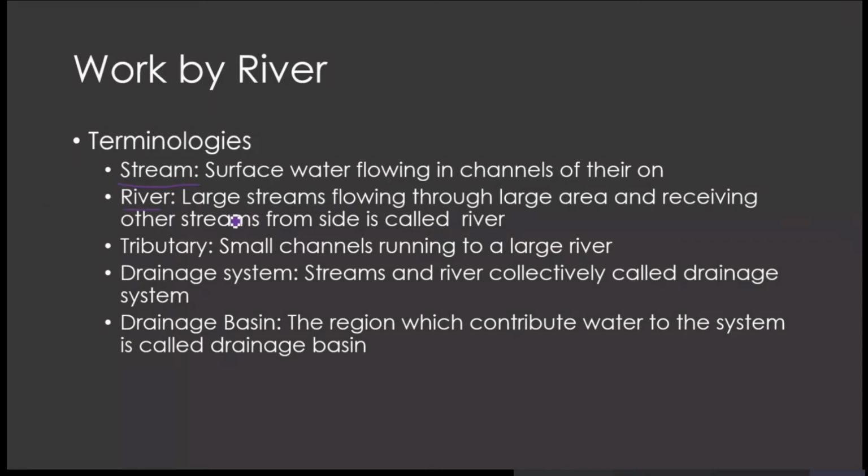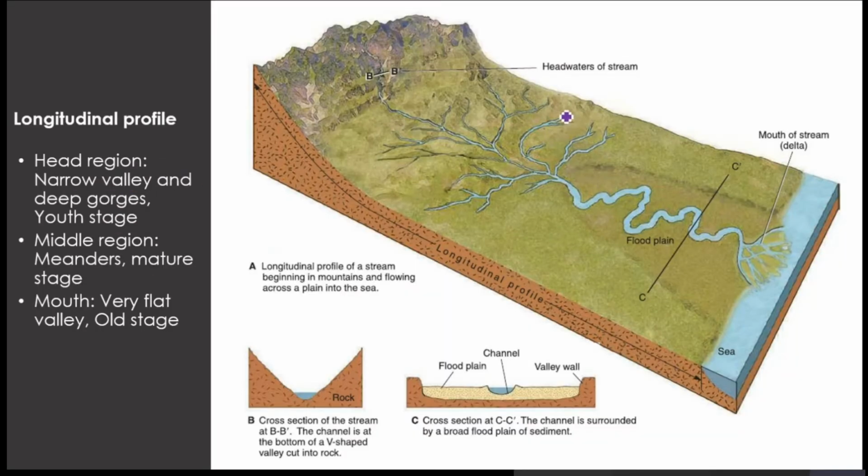It is a large stream flowing through a large area and receiving other streams from the sides. If you see here, this is a stream, this is another stream, and another. These streams meet the large river. So this we call a river, and these are all streams.